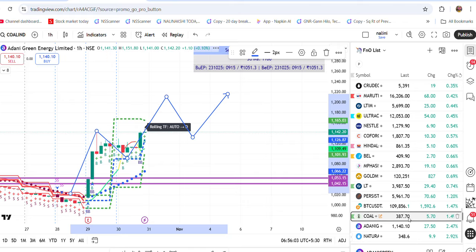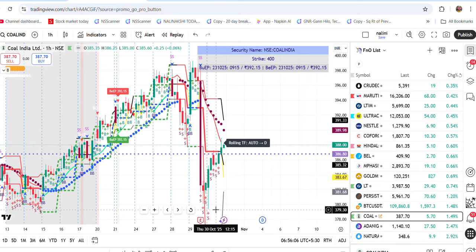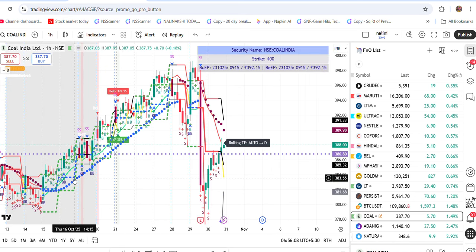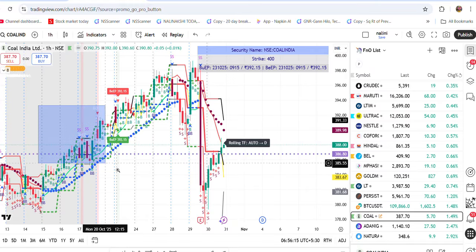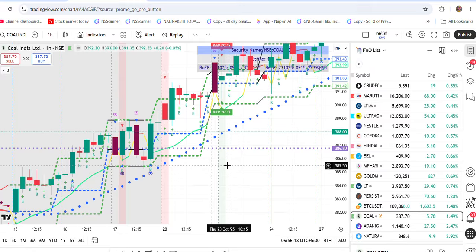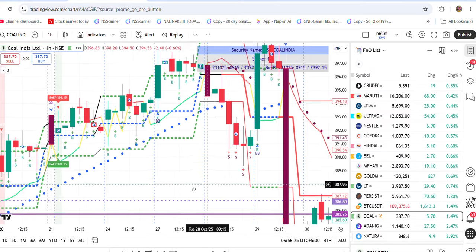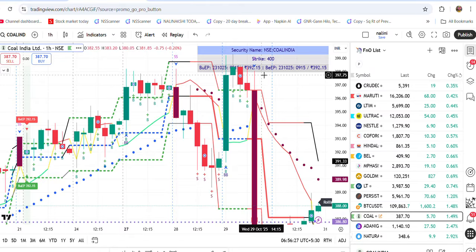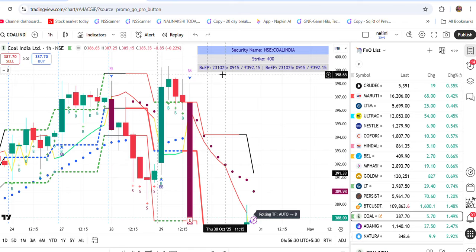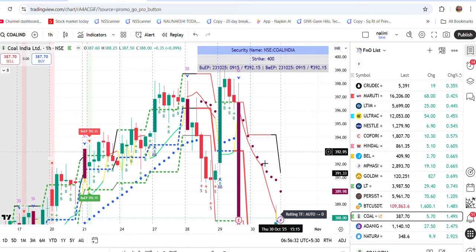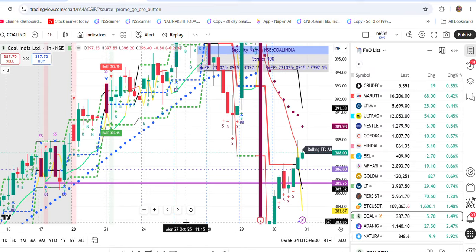And let us check Coal India. Coal India has come below the episodic pivot. Let me zoom out. It suggests an episodic pivot at 385, the bottom of this, and it has given the episodic pivot on 23rd at 392.